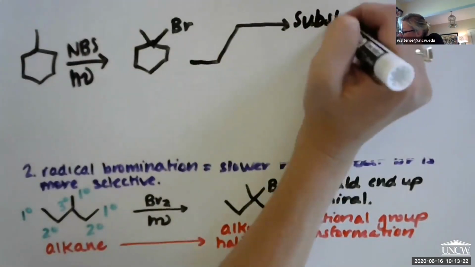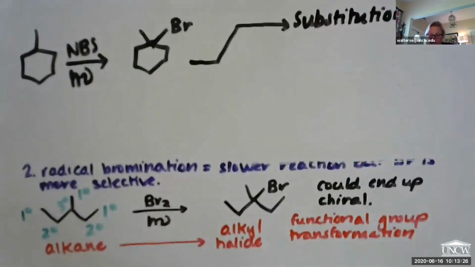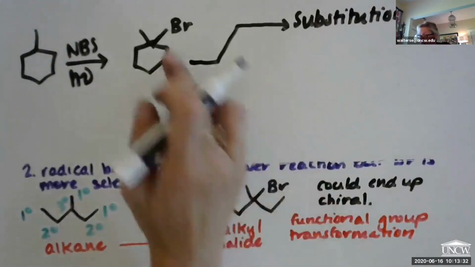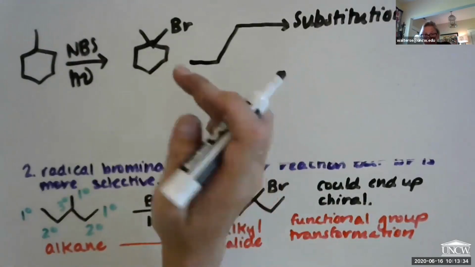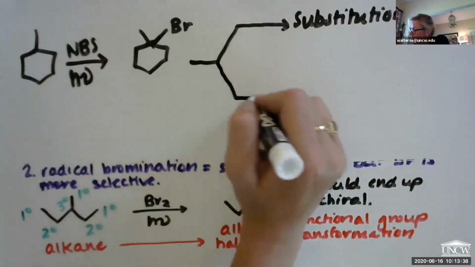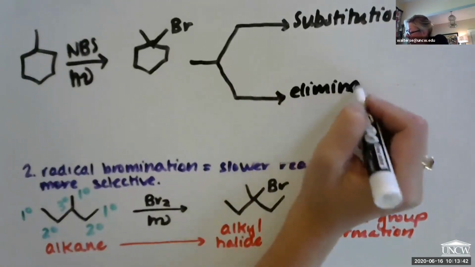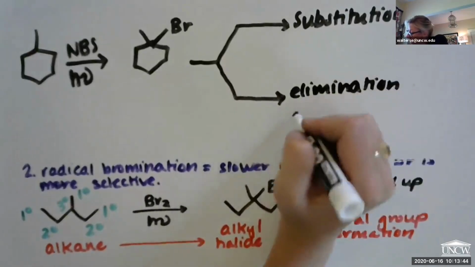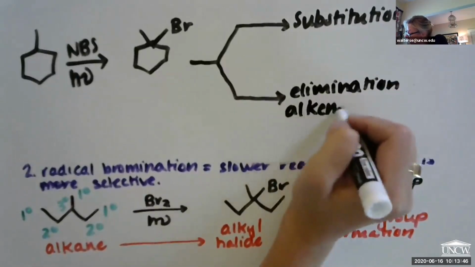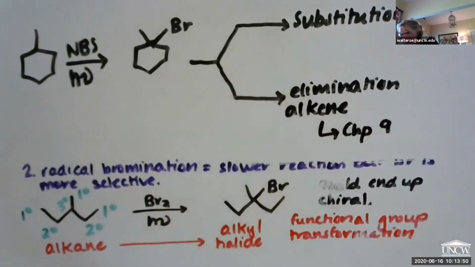Substitution is possible. Now in this case it's tertiary, so it would have to be an SN1 reaction. But you could do a substitution on here and make an ether, make an ester, all sorts of things you know how to make now. Or you could do an elimination, make an alkene, and then from your alkene, you have all your chapter 9 addition reactions.